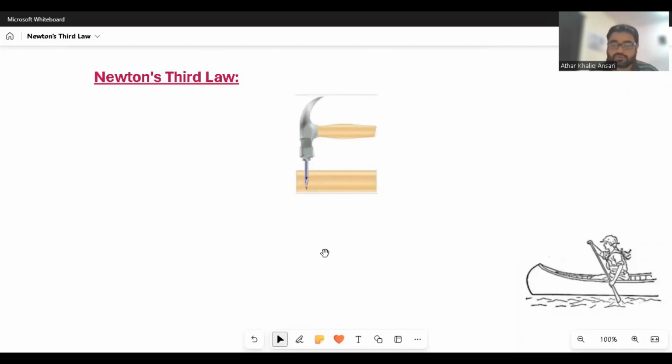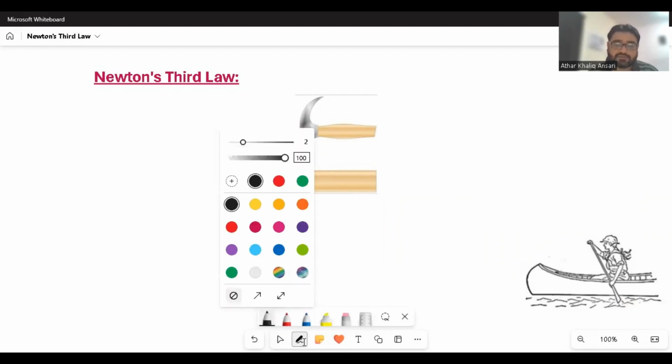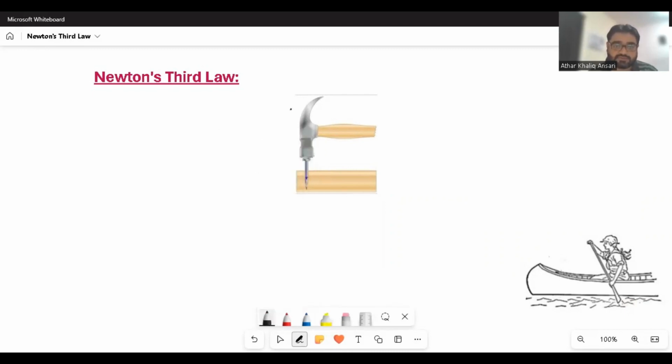Whenever we apply the force of the hammer, the hammer applies the force. Likewise, the hammer is pushing the nail downward and applying the force. In the reaction, the nail also pushes the hammer upward.